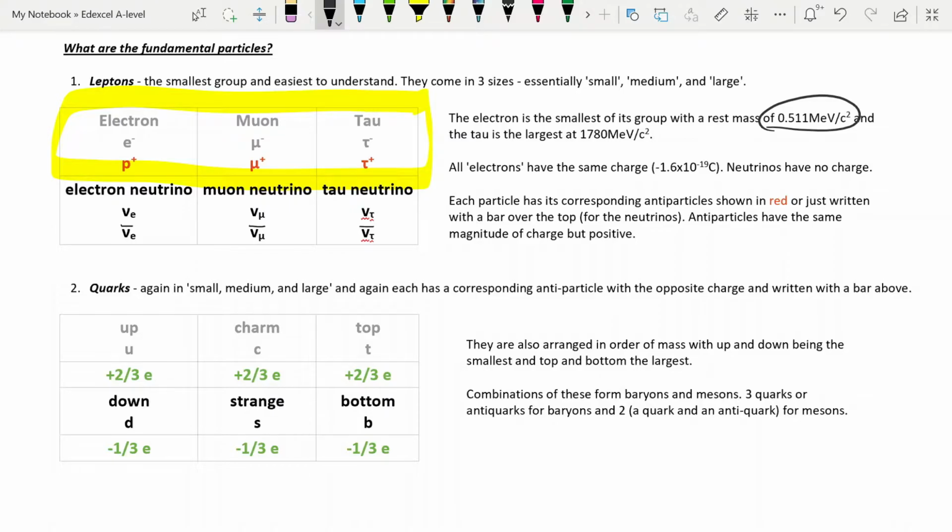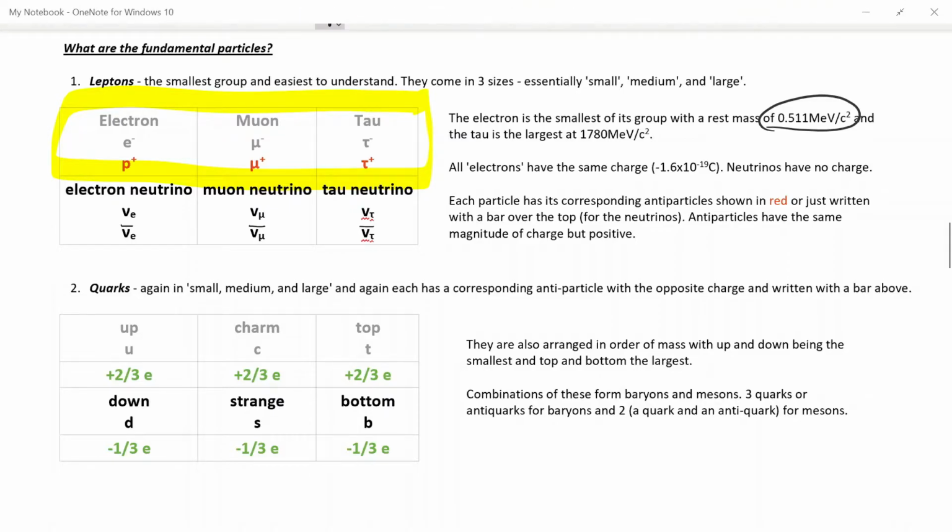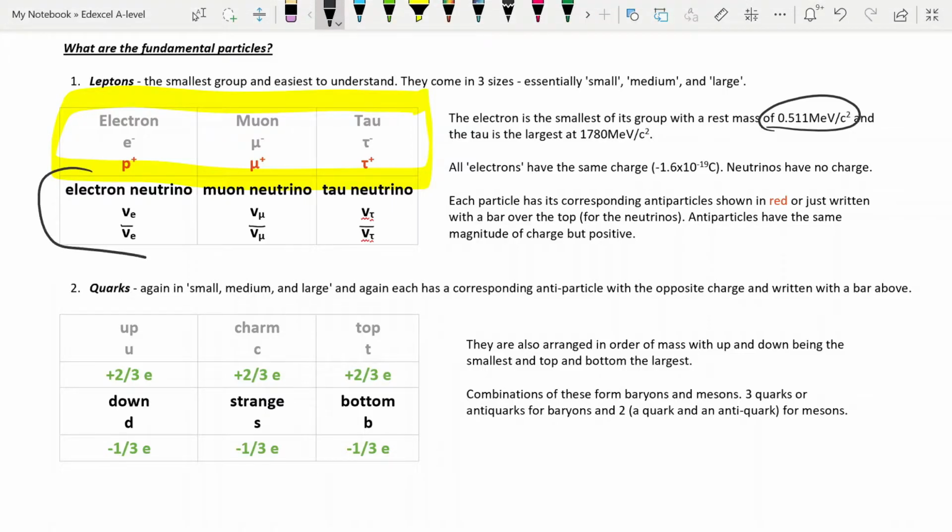The other kind of lepton is the neutrino, down here. These are tiny, tiny, effectively massless particles. And each electron has its own neutrino. So it's like a little companion particle to an electron. So you have an electron neutrino, a muon neutrino, and a tau neutrino, and of course each of those have their antiparticles as well.